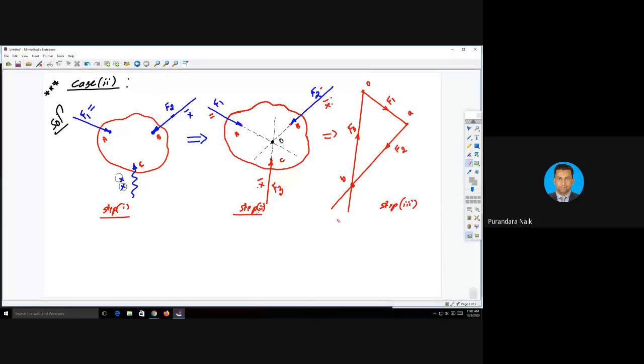Joining O with C gives the line of action of the third force F3.